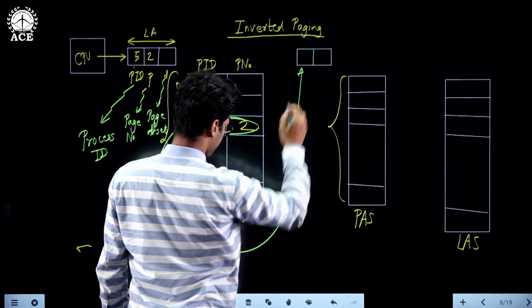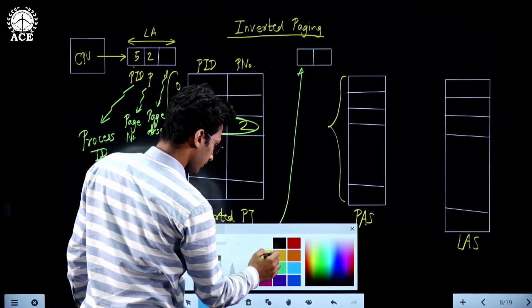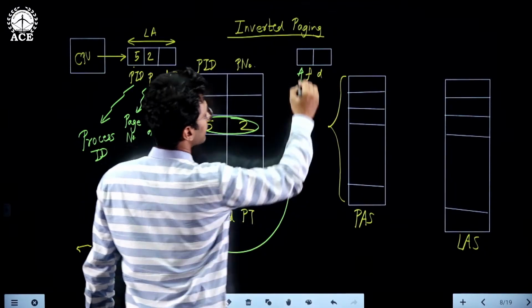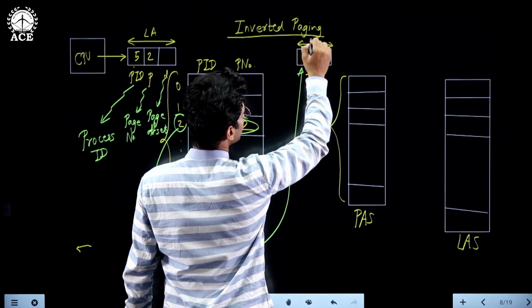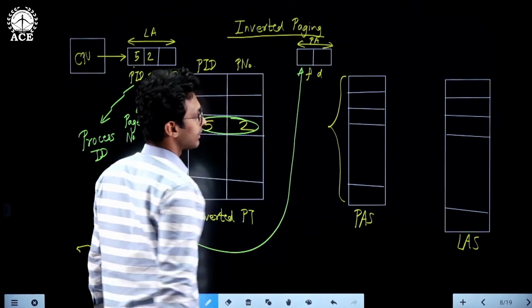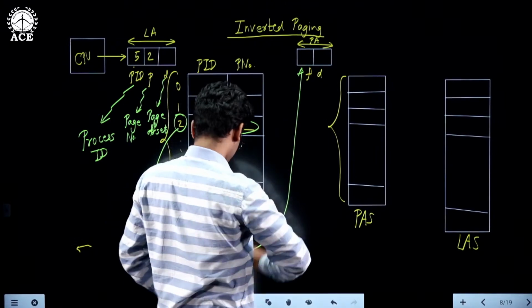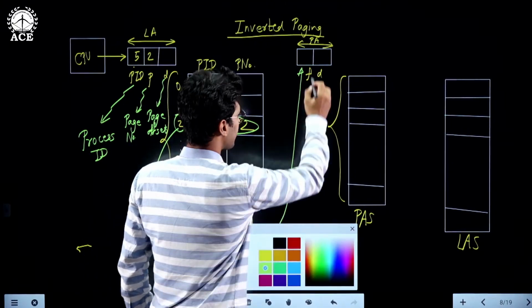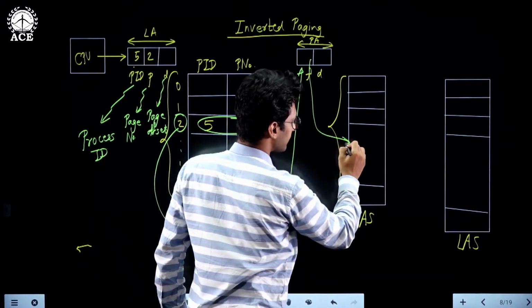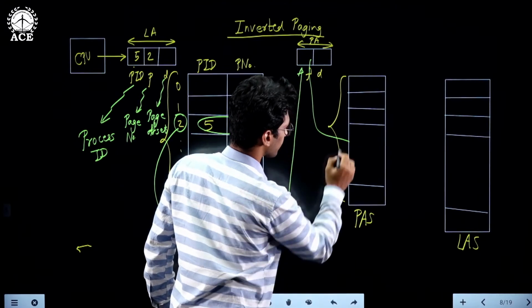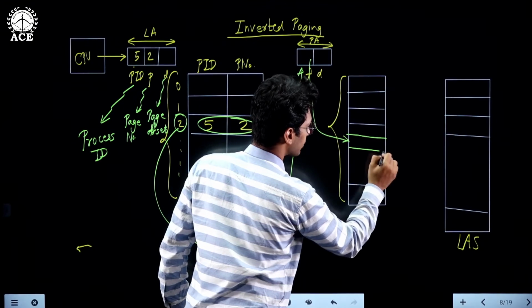This is F, this is the frame number, and this is the frame offset. This is the physical address. Are you getting it? You got that frame number, so you can go to that particular frame, that particular slot. It's that easy.